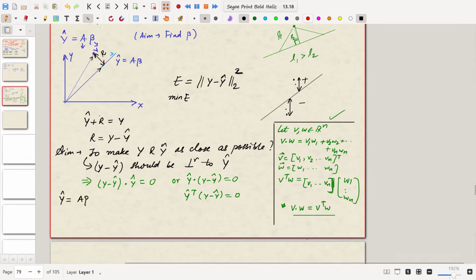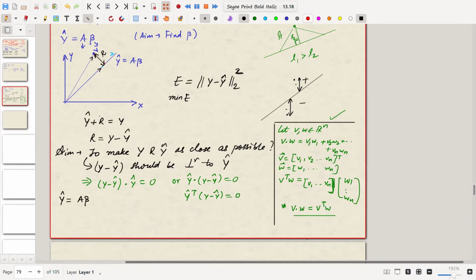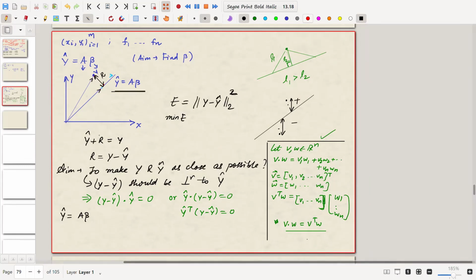But what is y cap? Y cap is A into beta, right? Are you getting it? So here you will see regression.